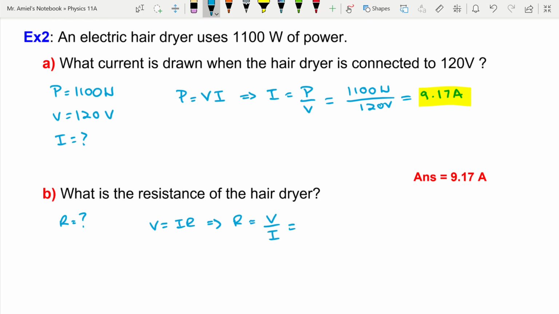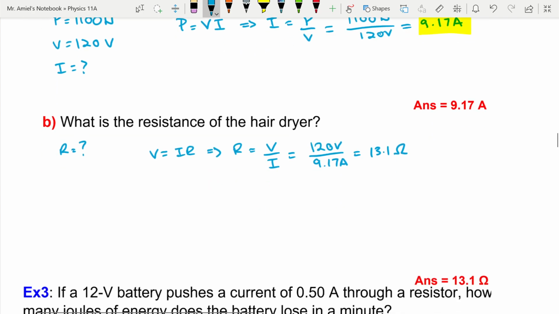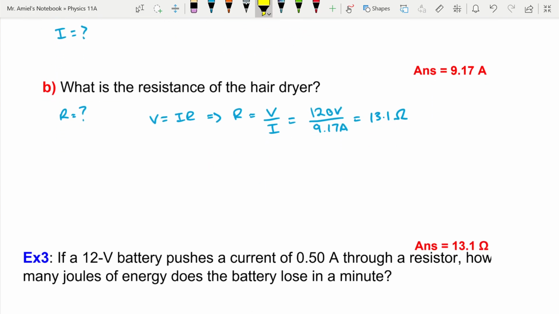And we will say that we know our voltage is 120, and we've got 9.17 amps. Okay, and so that should leave us with 13.1 ohms. Again, to 3 significant figures. Yep, looks good. Okay.